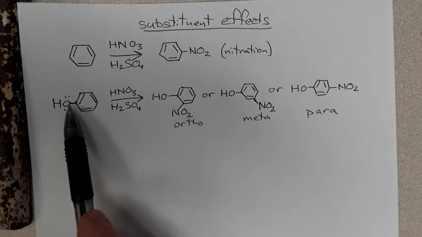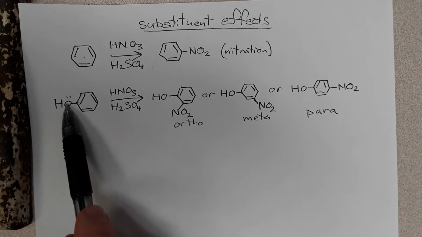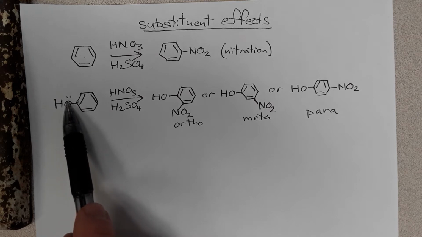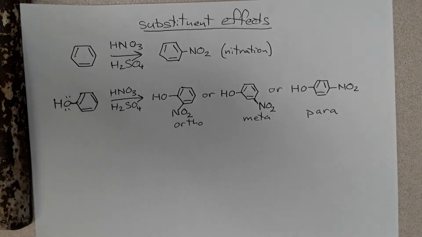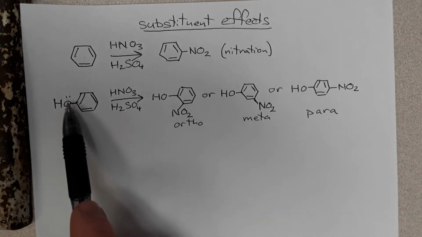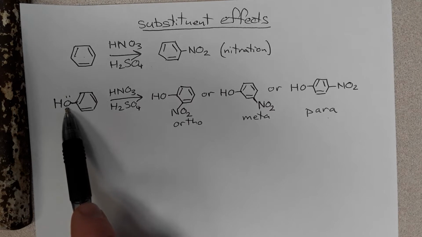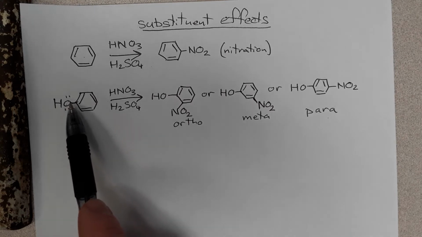So this group right here, this hydroxy group, has 2 lone pairs on it, and the first atom on that group has the lone pairs on it. And what you may remember from first semester is that if you have a group that has an electronegative atom with lone pairs on the first atom, I guess it doesn't have to be electronegative, but this one happens to be.